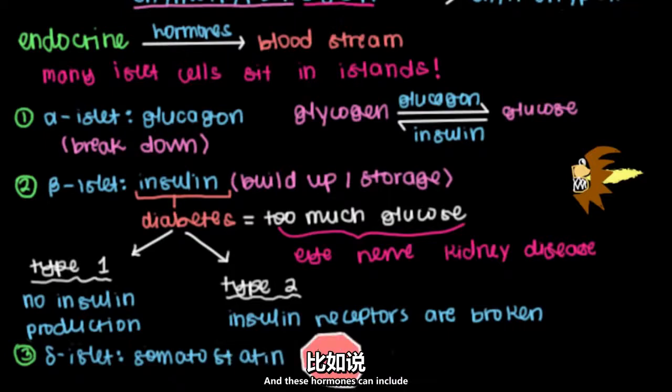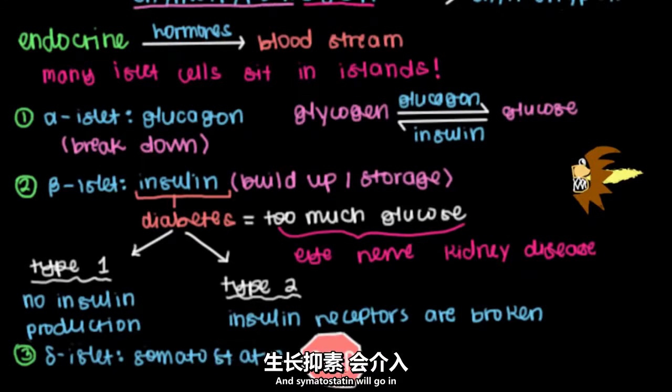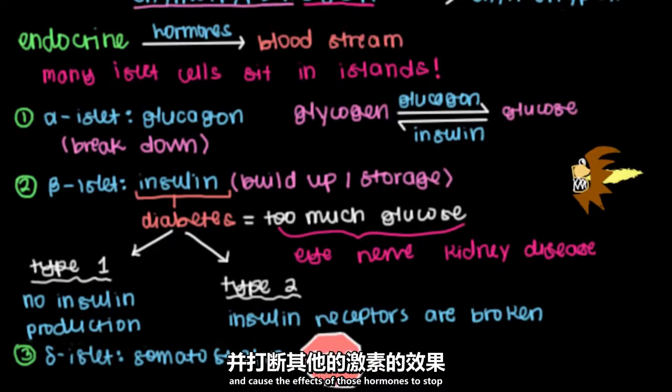And these hormones can include things like what we've talked about here, glucagon and insulin, but there are other hormones that are also in play in the GI tract, like cholecystokinin, that we talk about elsewhere. And somatostatin will go in and cause the effects of those hormones to stop. And that's sort of its main role there.